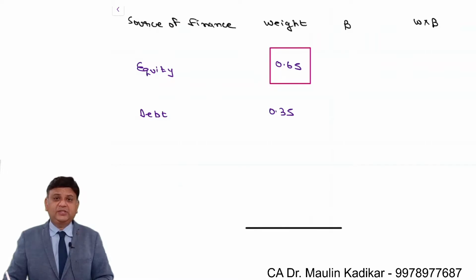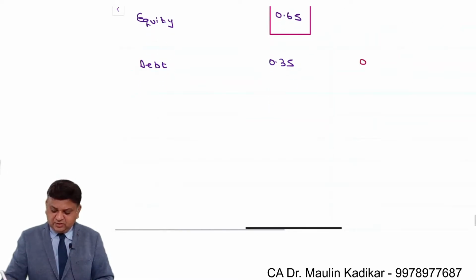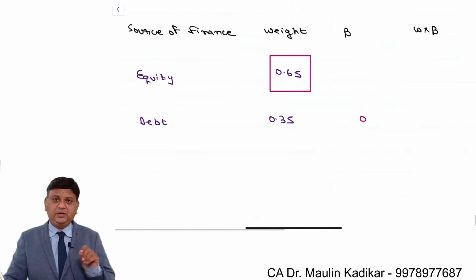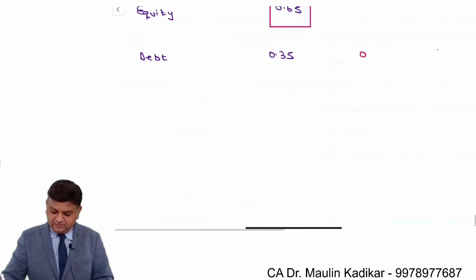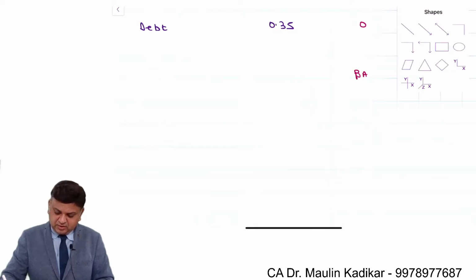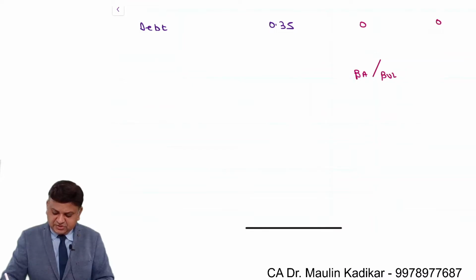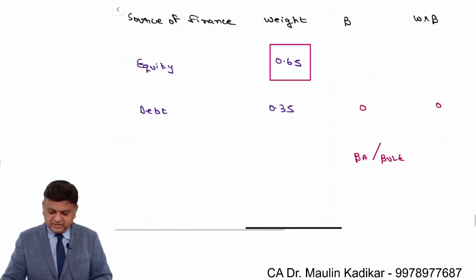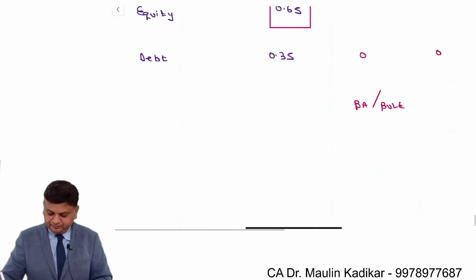Beta of levered equity is required to be found. Beta of debt is 0 in absence of any information. 0.35 into 0 will become 0. As far as the beta of the asset or beta of unlevered equity, that is the simple weighted average, it is 0.7840.